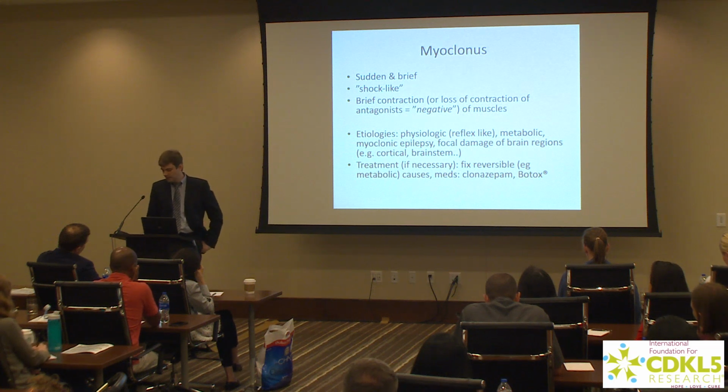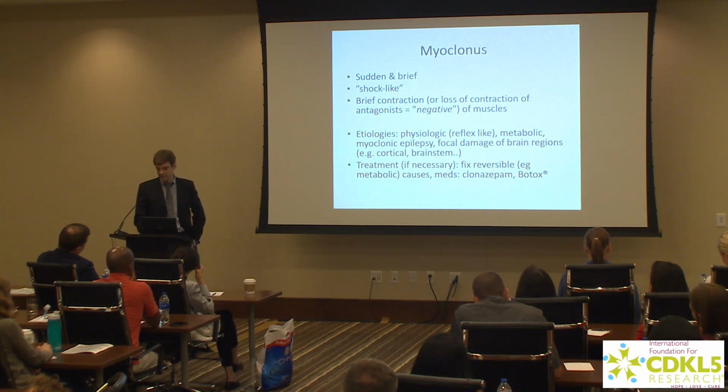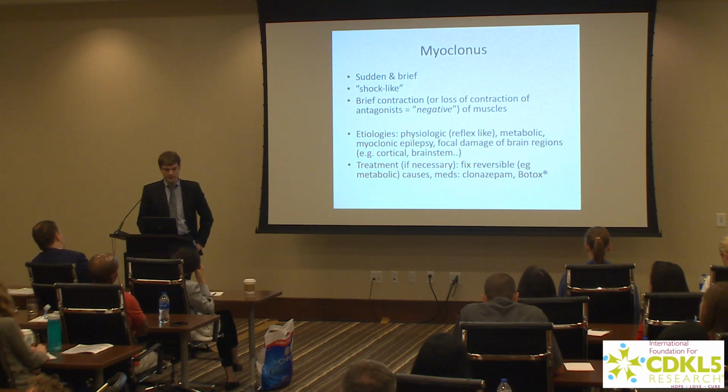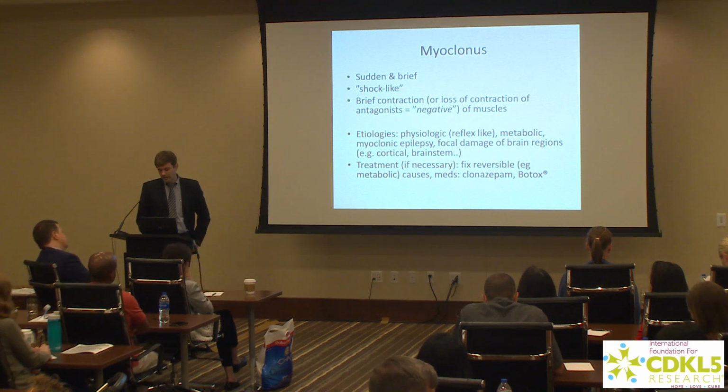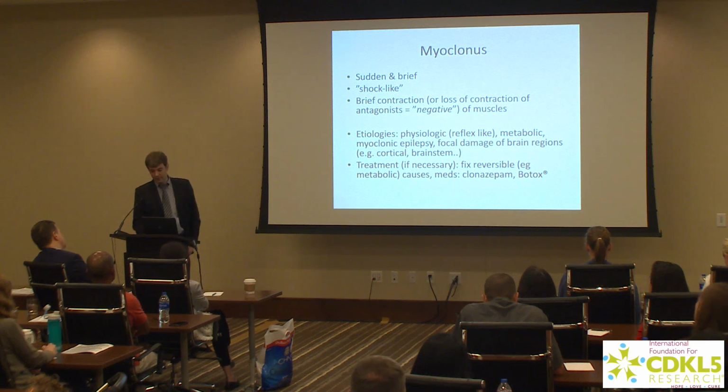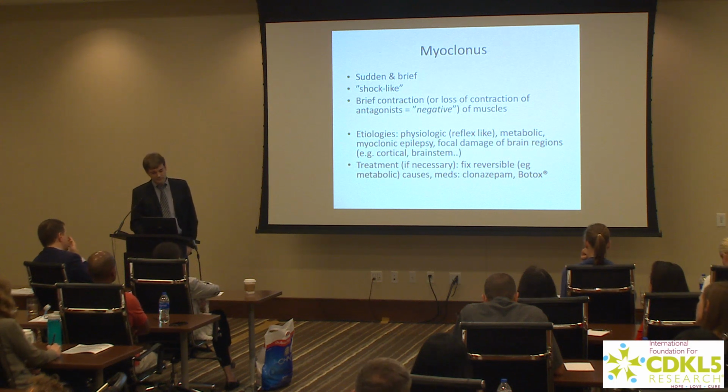It can come about because of focal damage of brain regions, cortical or lower down. In most cases, akin to the mild dystonia, you might not need to treat all myoclonic activity at all. Medications typically used for that are the benzodiazepines. If it gets really bothersome in a region, one can try focal Botox injections.